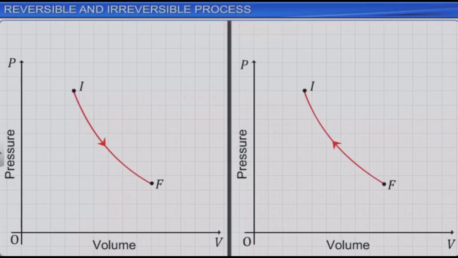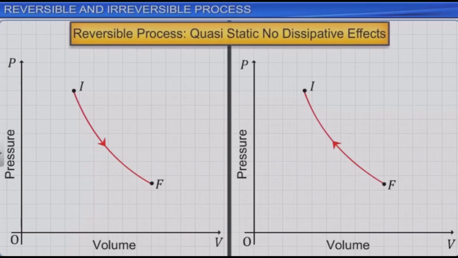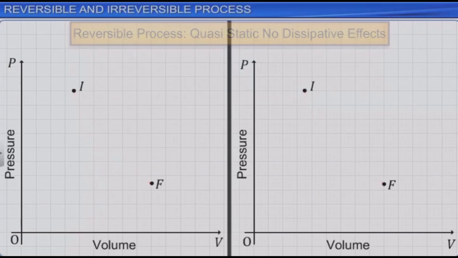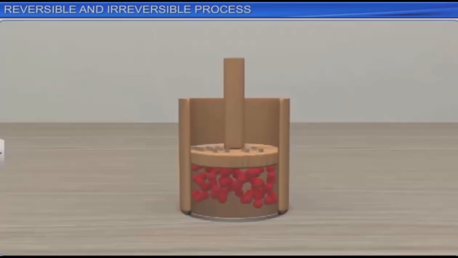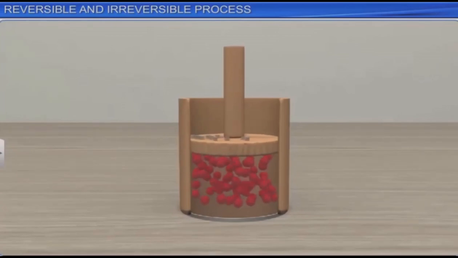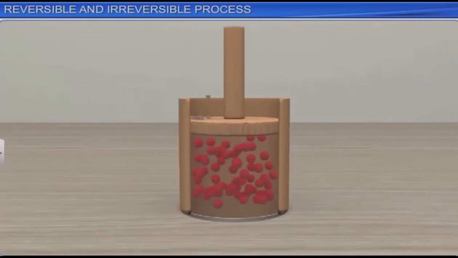Like a quasi-static process, a reversible process is also an ideal one. For example, consider an ideal gas in a container with a frictionless movable piston. A quasi-static expansion or compression of this gas is an example of a reversible process.